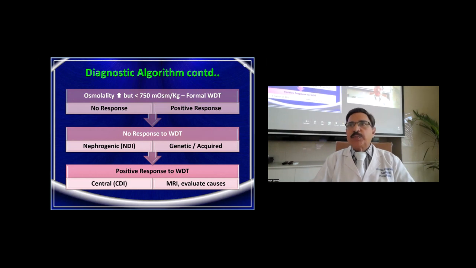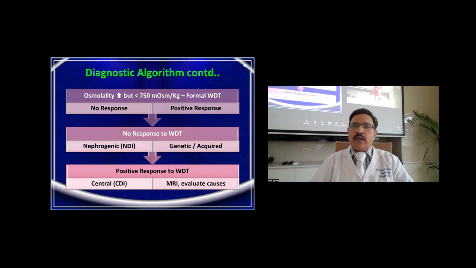Then who are these people? Mostly they are children. These children will not be able to complain that they have polyuria, thirst, and all that. Usually failure to thrive, genetic causes, if they are there, some of them may not survive even the first year. It may be a very killer disease also, nephrogenic diabetes insipidus. Okay, in the previous, if it's renal failure, give some dialysis or peritoneal dialysis, or think about renal transplant.